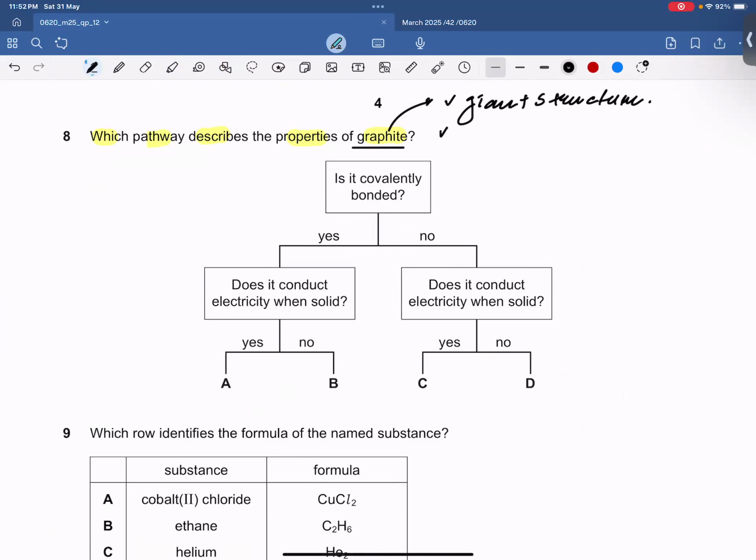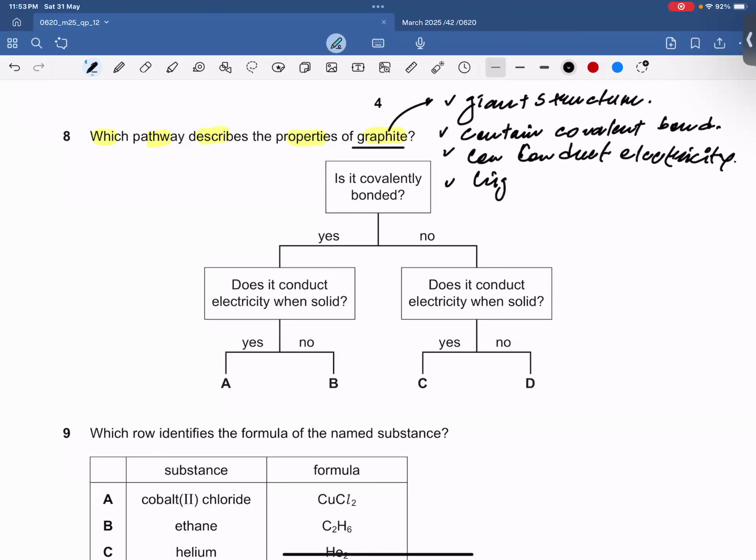Second thing, it contains covalent bonds. Third, it can conduct electricity because of the presence of delocalized electrons. And therefore it is used as an electrode in electrolysis, right? Last, high melting and boiling point.